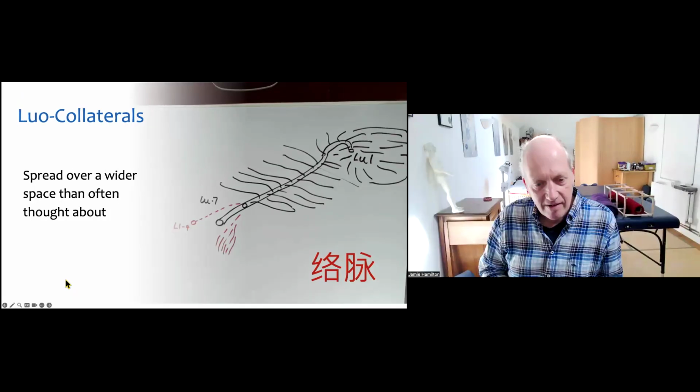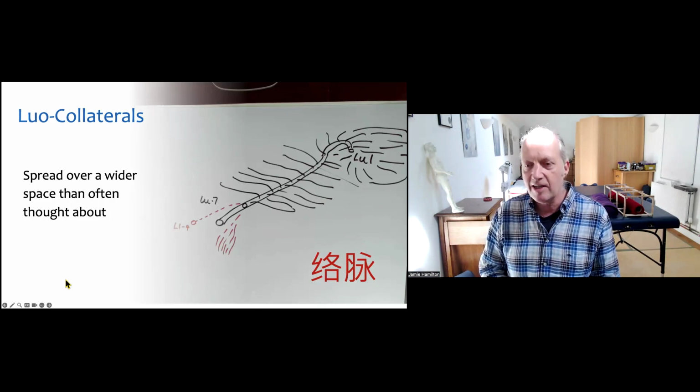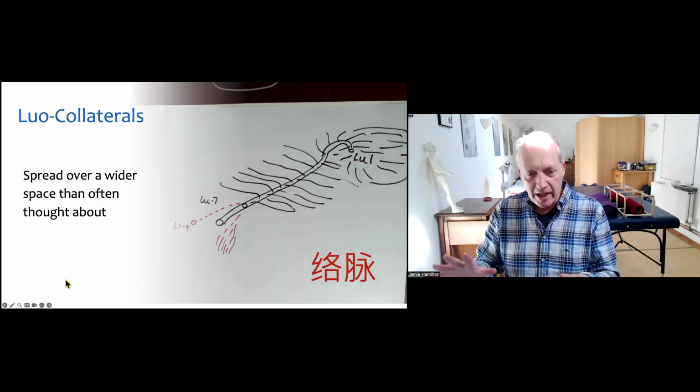Sorry, Jamie, just a quick one. So the Luo collaterals connect to the other primary channel, the paired primary channel? Yes, it still is doing that connecting to the paired channel, but it is also doing this wider mesh.